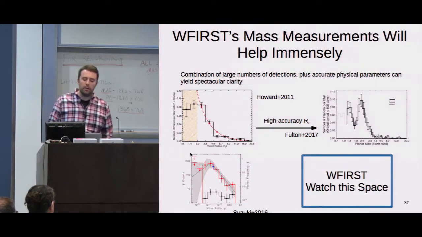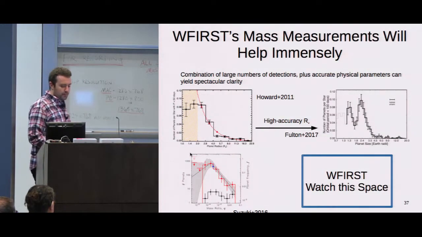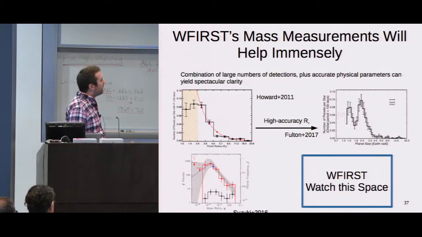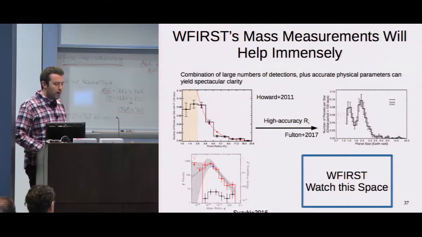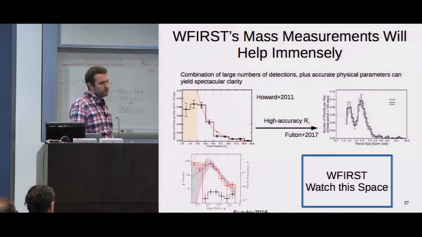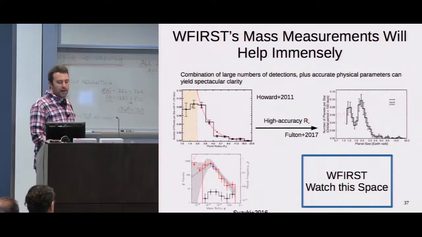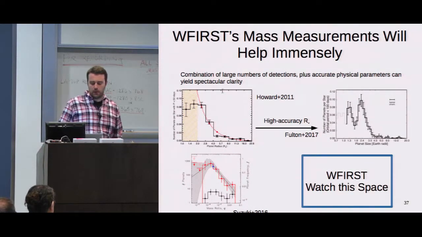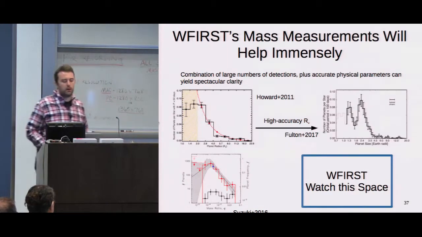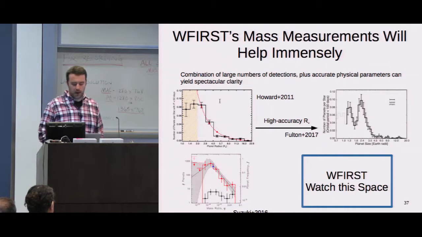And the power of WFIRST really can be demonstrated by what you get when you combine large numbers of planets like Kepler does. So this is one of the first occurrence rate papers from Kepler.